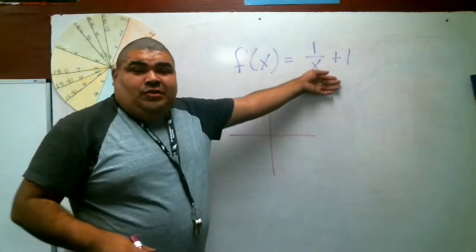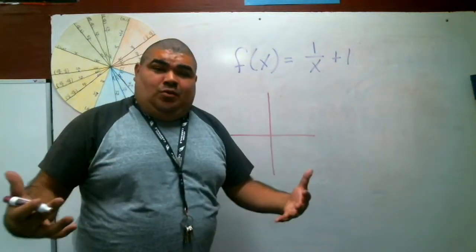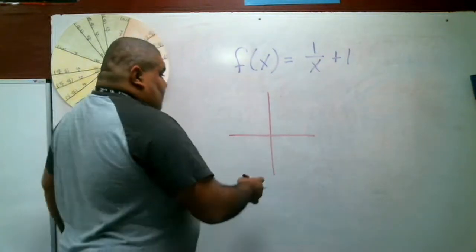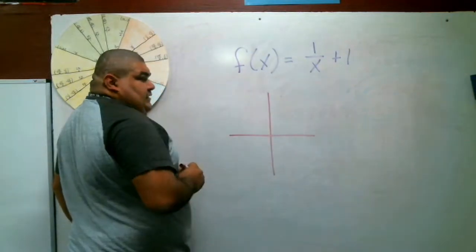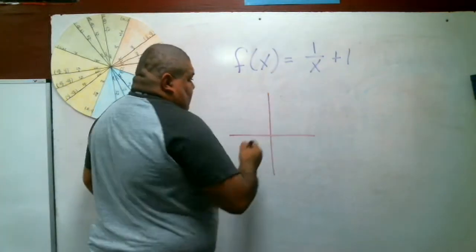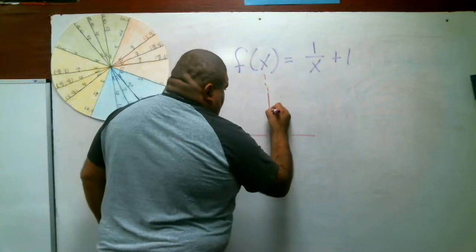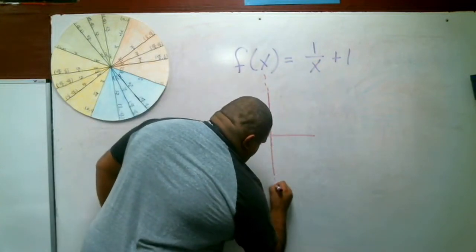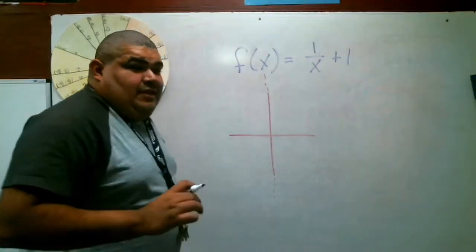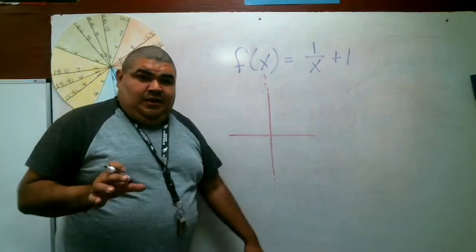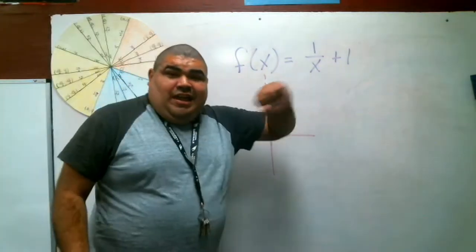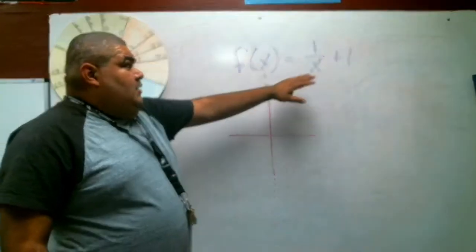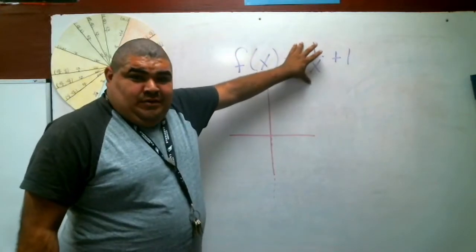In this case, since there's no other number next to it, we can assume it's at 0. So we're going to make our little asymptote there.